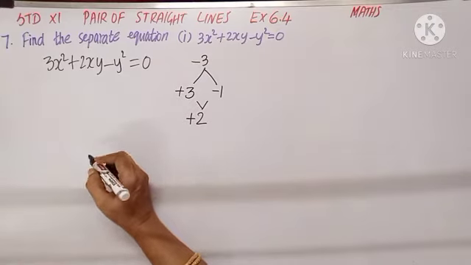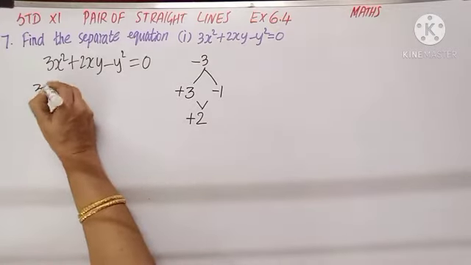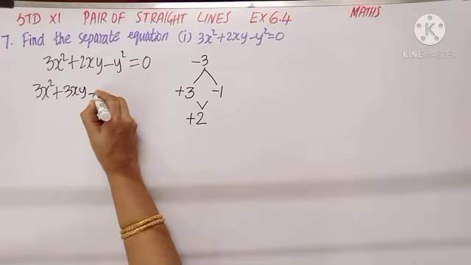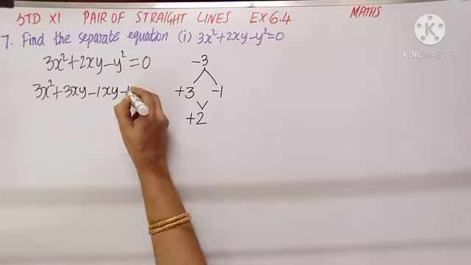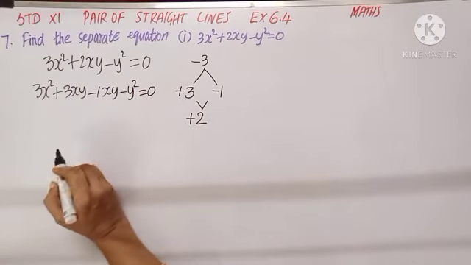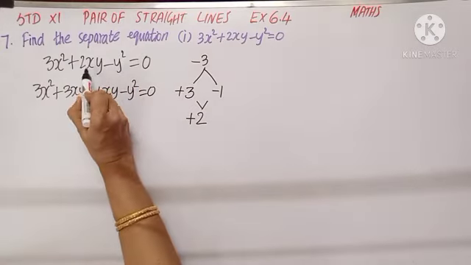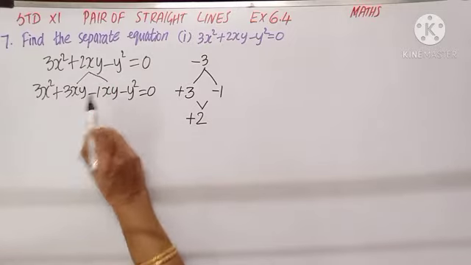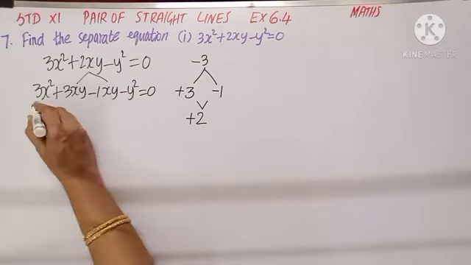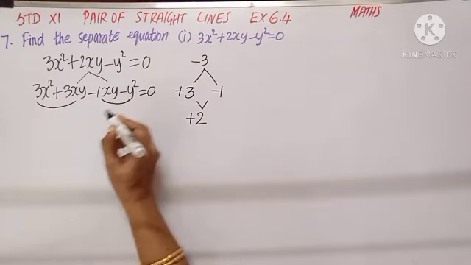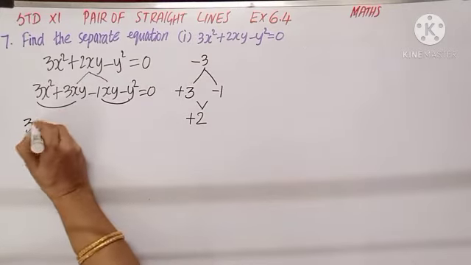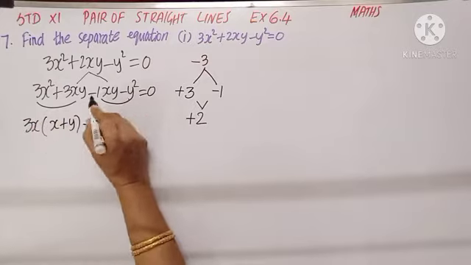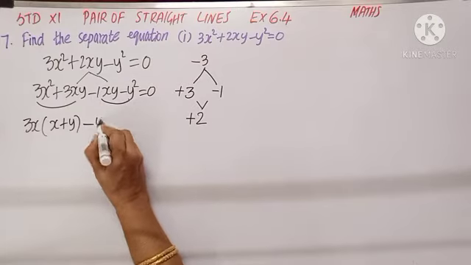Let me write it here. 3x square plus 3xy minus 1xy minus y square equal to 0. This middle 2xy we have split as 3xy minus 1xy. Let me combine these two and these two. Which is common? 3x. If I take it out, x plus y. In these two, minus is common, also y.